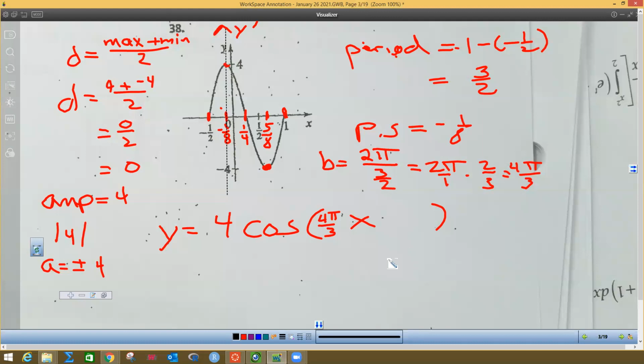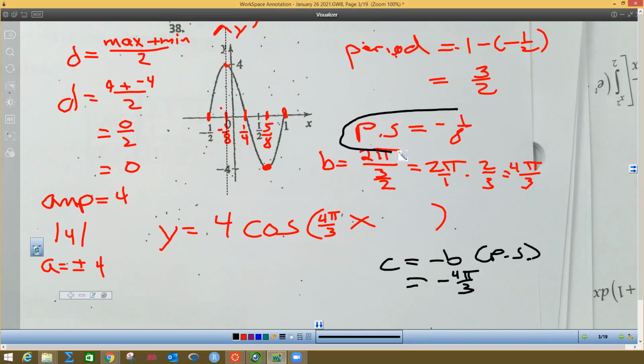So what I just said there was C is equal to negative B times the phase shift, right? Well, we just found B was this 4 pi over 3. So we're going to put in negative 4 pi over 3 for this. And then we find the phase shift was this right here earlier. Then we say we move this over from the origin to the left, negative 1/8. So I got to put negative 1/8 in for that. Now, a negative times a negative is a positive.